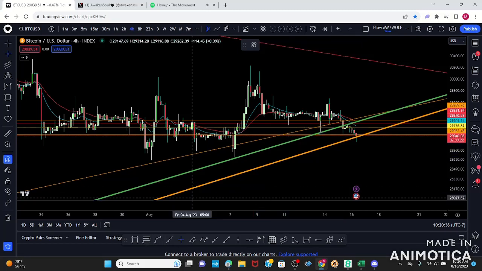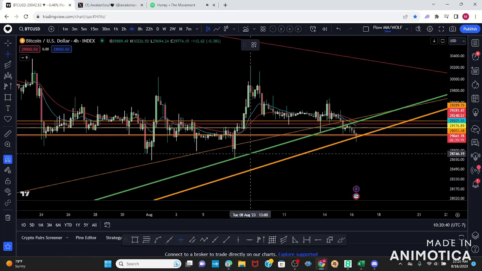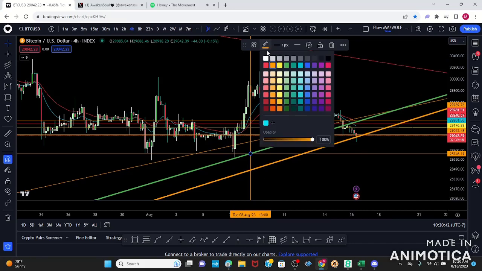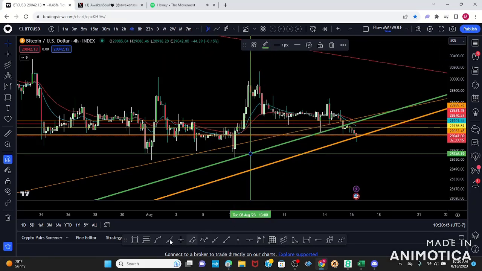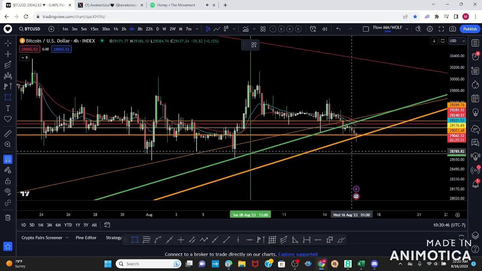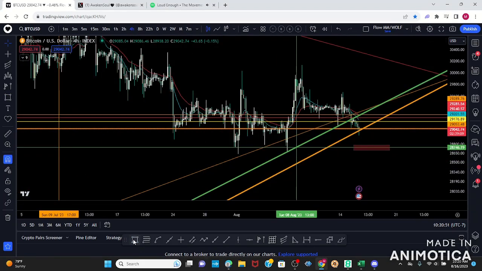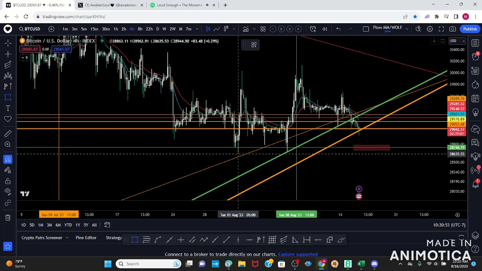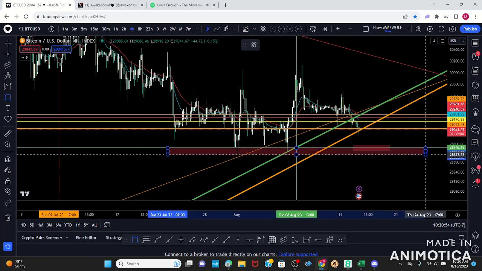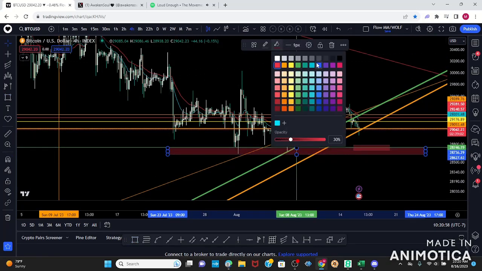I do it all, baby. So this is my 4-hour target, right? This would be my first take profit, and this is confluence to this major support level. So I do expect a big reaction from here.